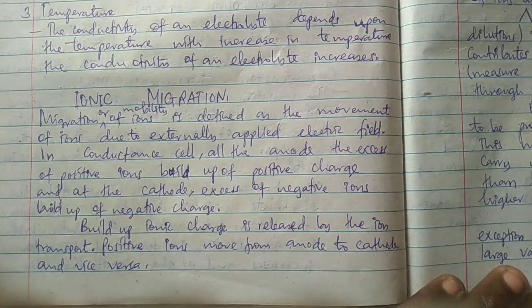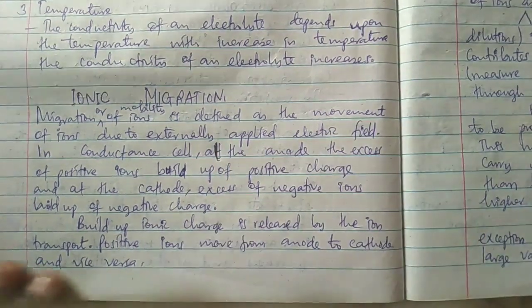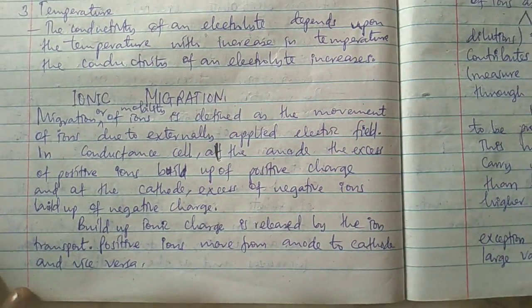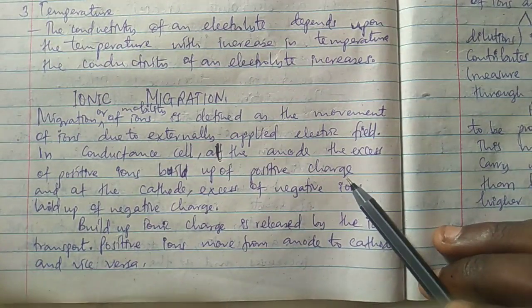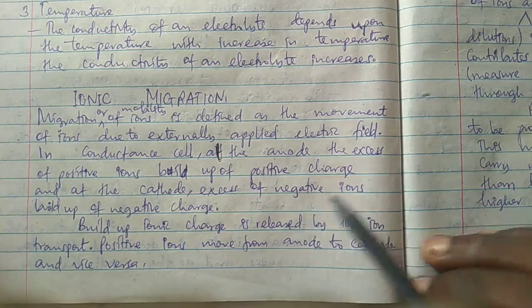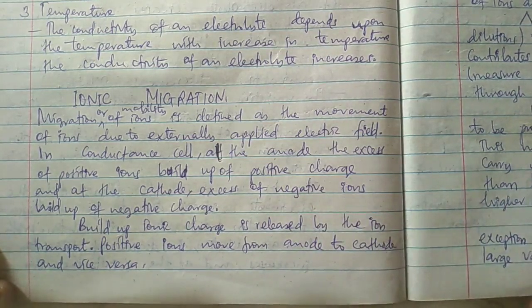In the conductance cell, at the anode, the excess of positive ions builds up positive charge, and at the cathode, excess of negative ions builds up negative charge.